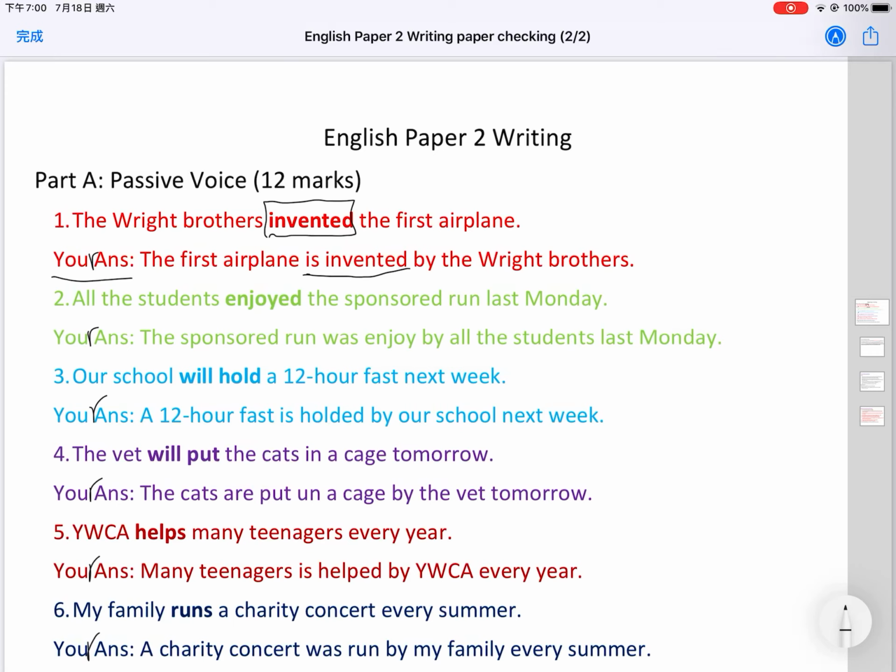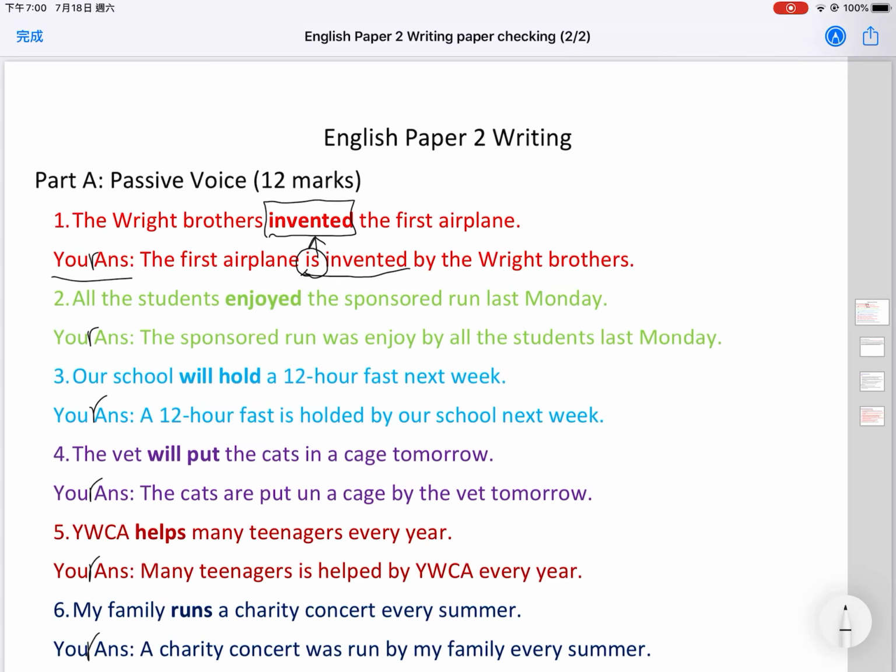Now, the structure of this sentence is actually very good. It follows the right structure of passive voice. But one really crucial thing you have to pay attention to is the verb to be. It is the wrong use of the verb to be.